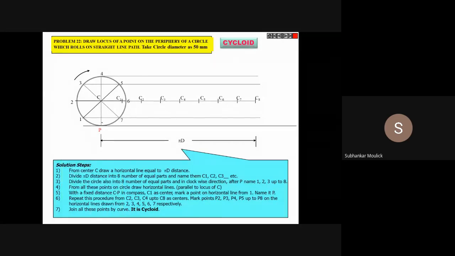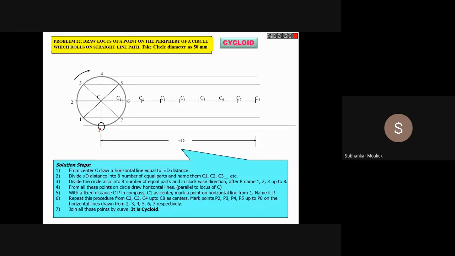Fine. Next, you have got the initial point of the cycloid. You want to get the remaining points. How to get them? Take your compass, measure CP. Place that much distance at point C1.